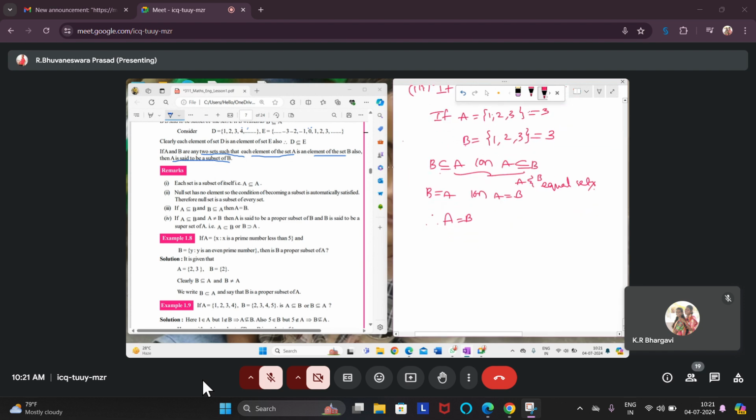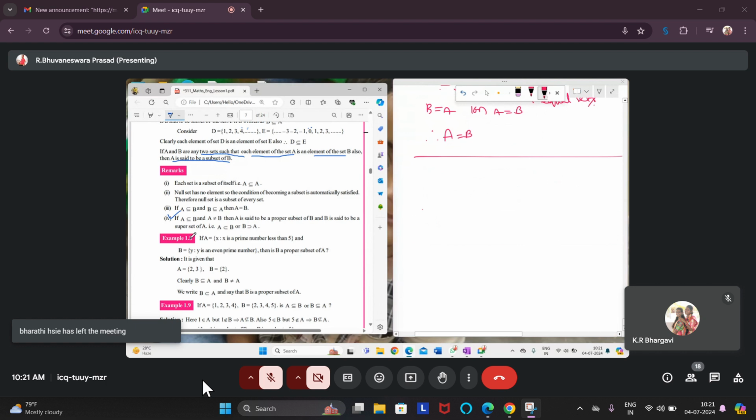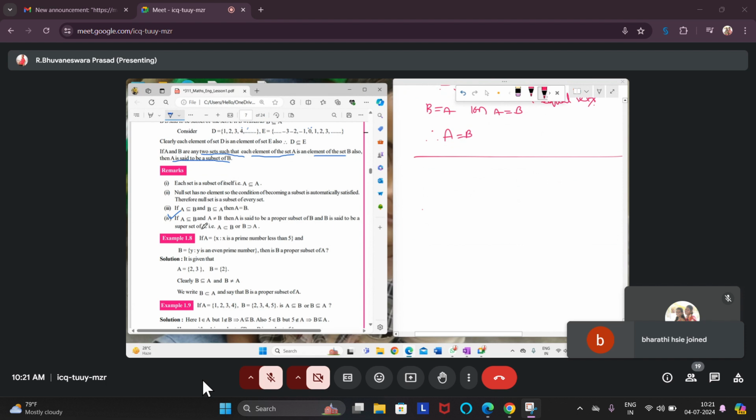Next, the fourth condition is, if A is a subset of or equal to B and A is not equal to B, right, then A is called a proper subset, and B is said to be a superset of A. See, if A equals 1 2 3 and B equals 2, actually what we are observing in these two sets is that B is a subset of A, right?